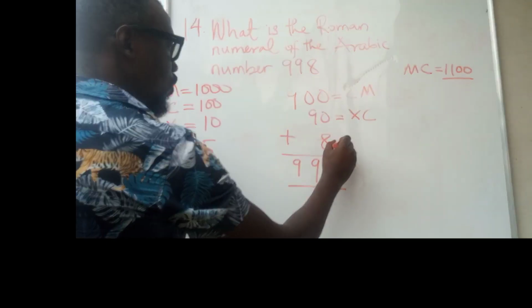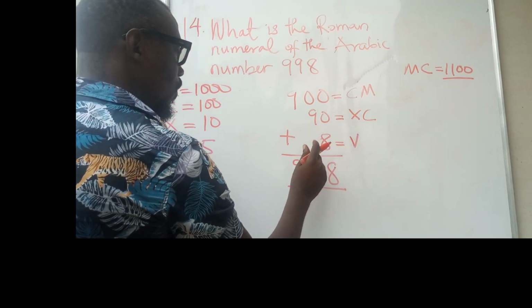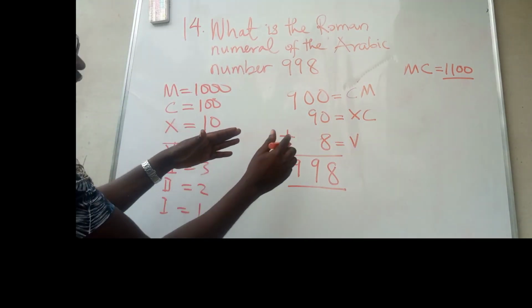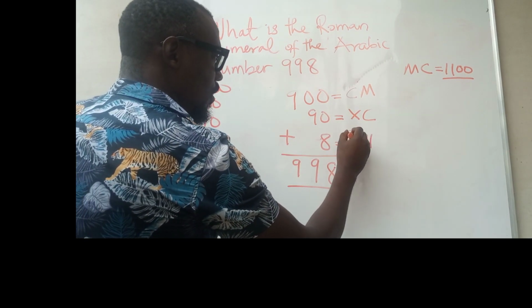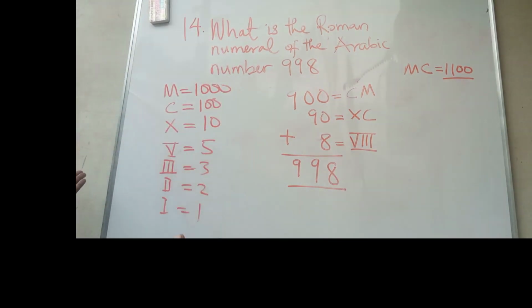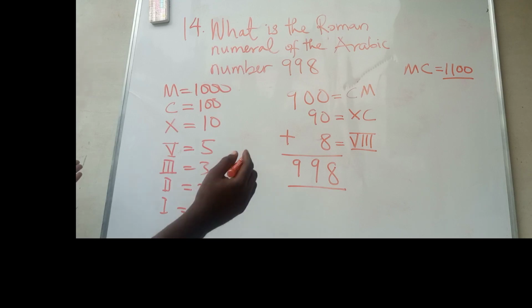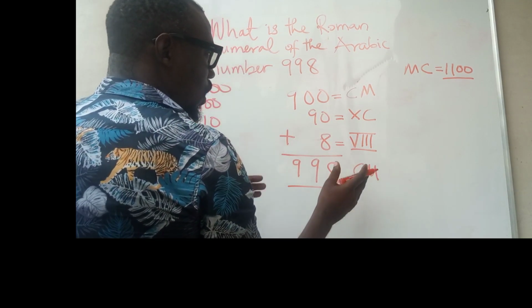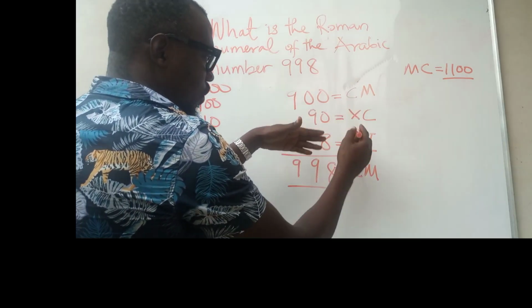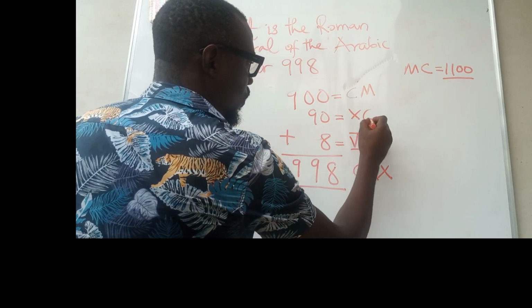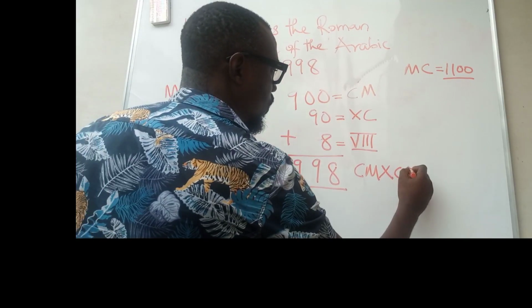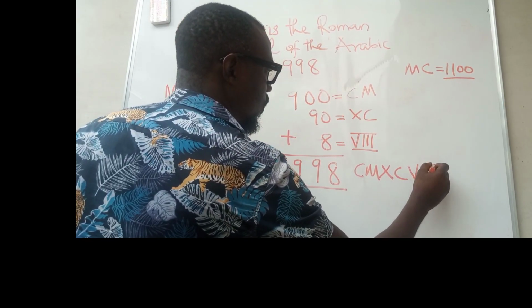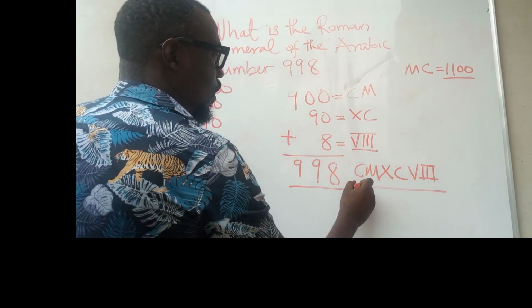Then it's going to be 5 plus 3. 5 plus 3 will give us 8. So it's very simple. You have to now represent all of them systematically. And this is the answer.